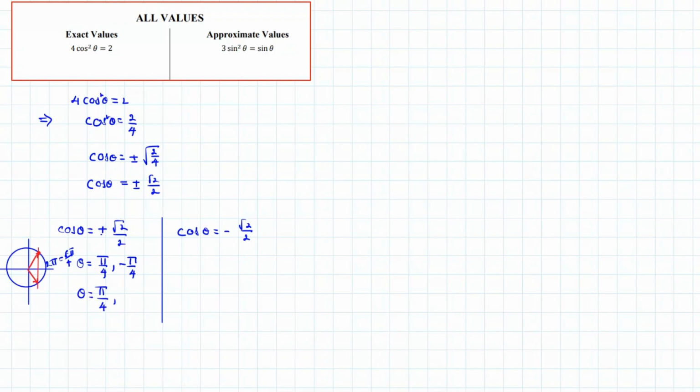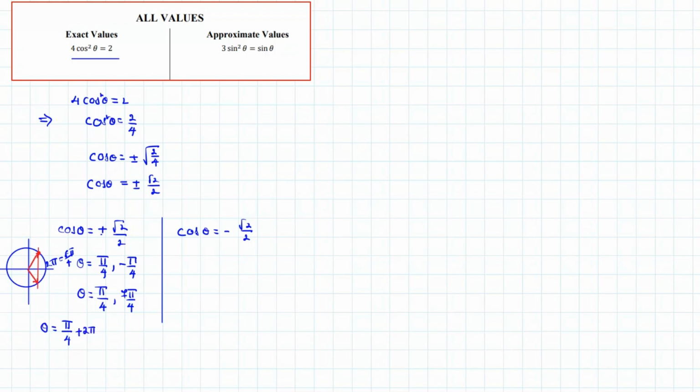The period of the cos is 2 pi, so that means at each period, each cycle, we have pi over 4 plus 2 pi n, where n is any integer. Also we have 7 pi over 4 plus 2 pi n. So this is the general solution of this equation.